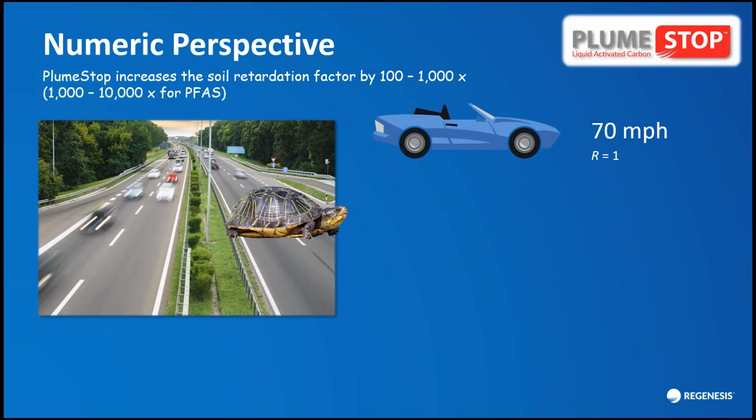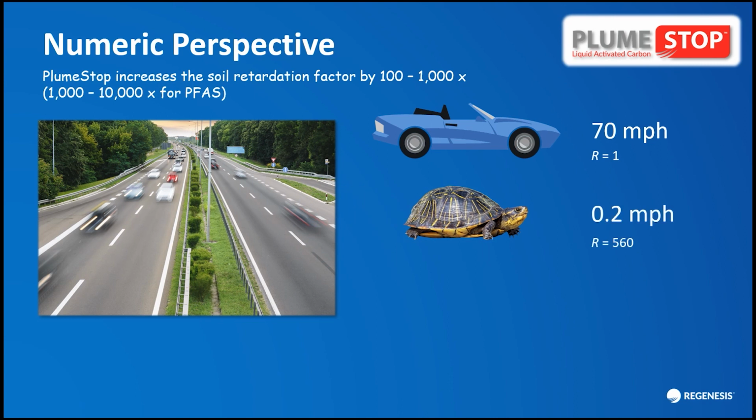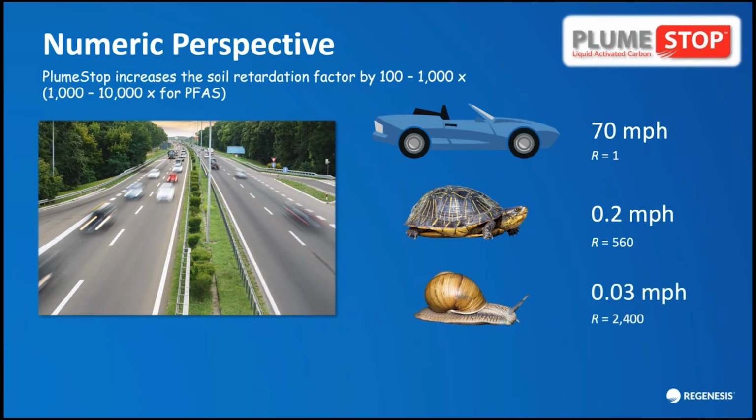Well, that is a tortoise to your convertible, the velocity of a conventional contaminant in a PlumeStop barrier relative to groundwater. And what about a retardation factor in the 1,000 to 10,000 range, 3 to 5 orders of magnitude? Well, that is a garden snail, and actually quite a fast one, in fact, as snails go. This would be the velocity of a PFAS species in a PlumeStop barrier relative to groundwater.